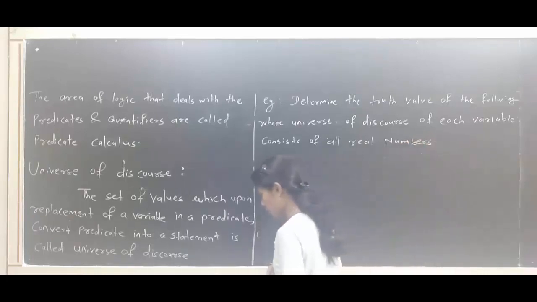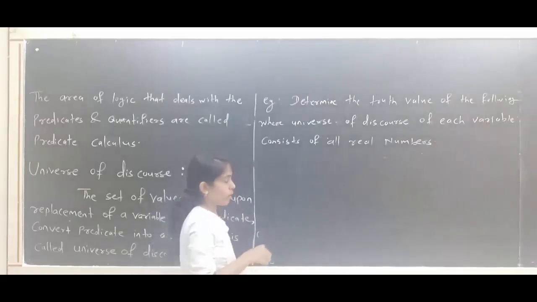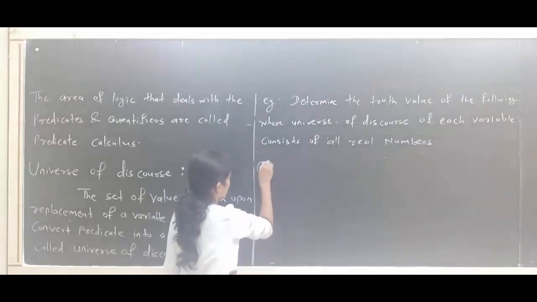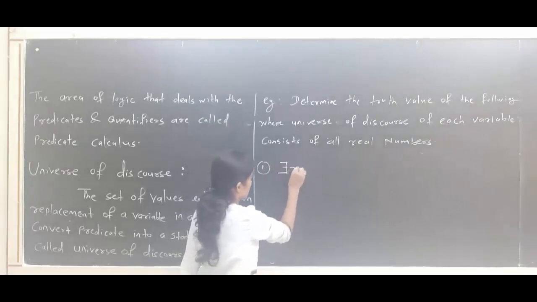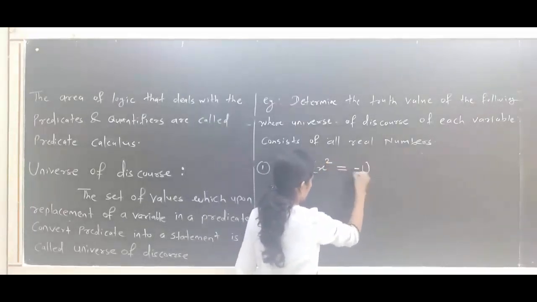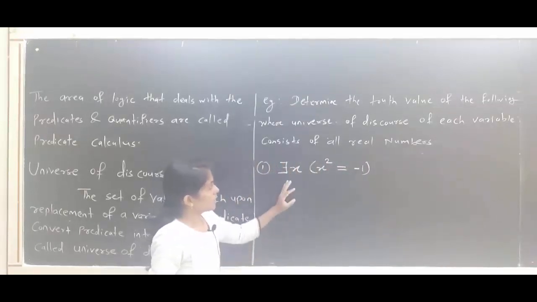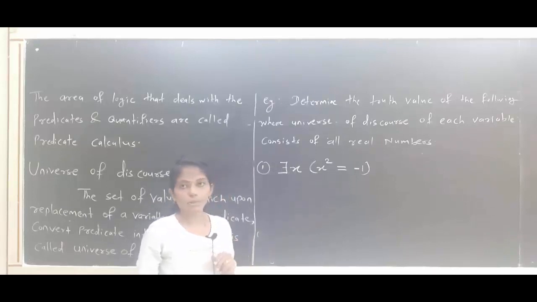Okay, so here universe of discourse is real numbers, set of all real numbers. So first, there exists x square is equals to -1. So this quantifier is given, there exists x square is equals to -1.